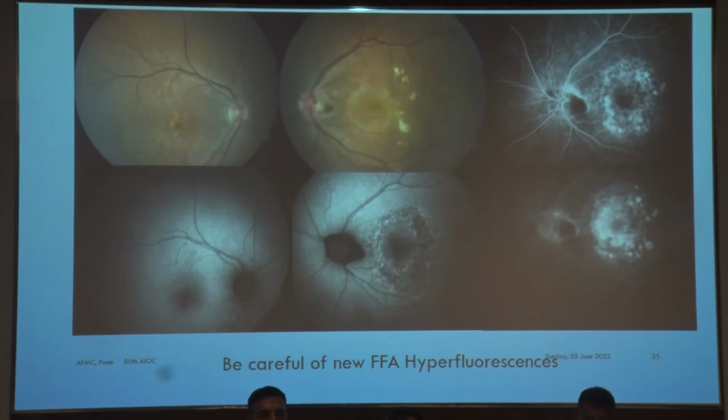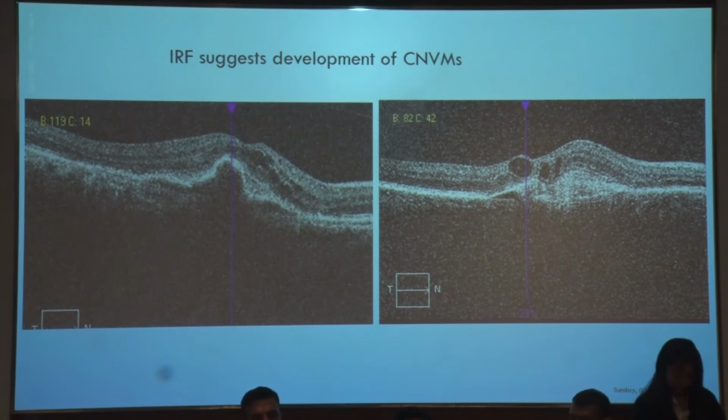And also, if there is any occurrence of new hyperfluorescences, as this photo demonstrates, we should also consider CNVM, because we should not confuse this with multifocal CSR, as there may be CNVM happening simultaneously in these cases.